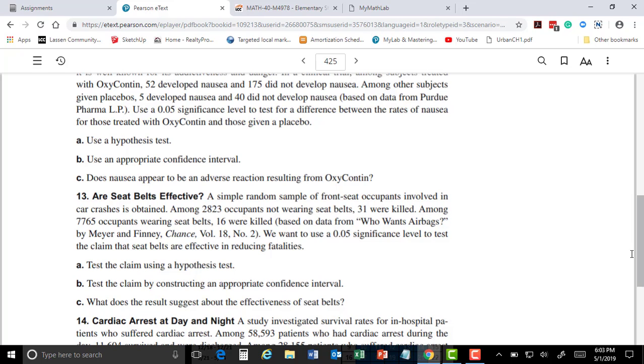Out of 2,823, 31 of them were killed not wearing seatbelts. And then out of 7,000 occupants wearing seatbelts, 16 were killed. So we want to test the claim that seatbelts are effective in reducing fatalities. This is all beautiful stuff, in my opinion. To be able to show evidence supporting these kinds of things, this is powerful.